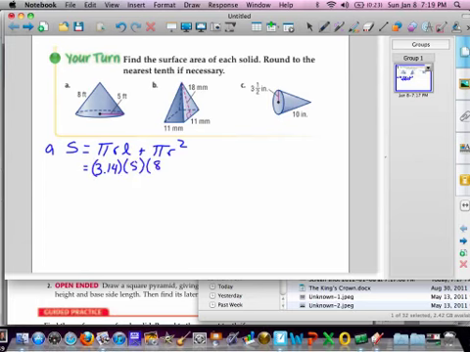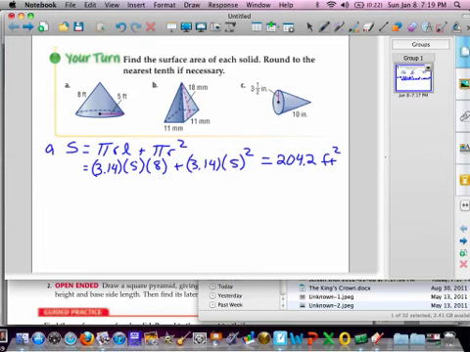The slant height is 8 feet. Plus 3.14 times the radius 5 squared. If I punch that into my calculator, I'm going to come out with the answer of 204.2 square feet. Now remember, surface area is square, volume was cubed.